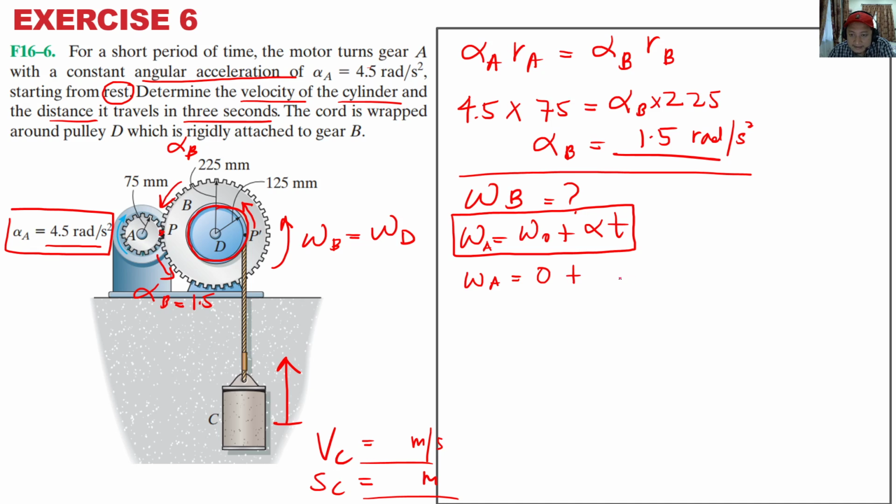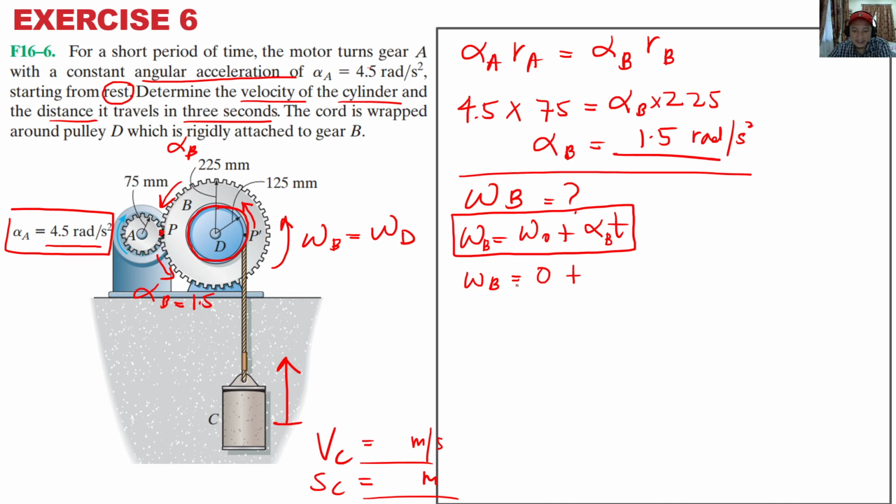0 plus. Oh, you don't have to know A. You can definitely analyze B, right? You don't have to go back so far. You can analyze omega B because you already know this one. Alpha B you already know.